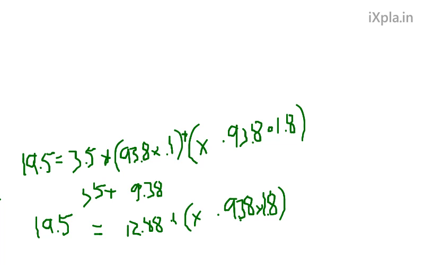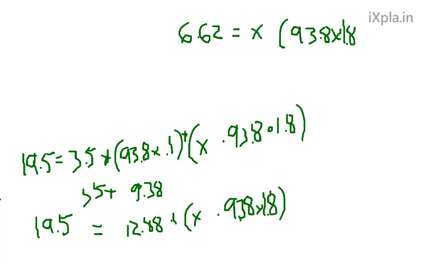19.5 minus 12.88 equals 6.62. That equals x, and we'll put it in parentheses since we're trying to get x by itself, 93.8 times 1.8. 93.8 times 1.8 is 177.84.